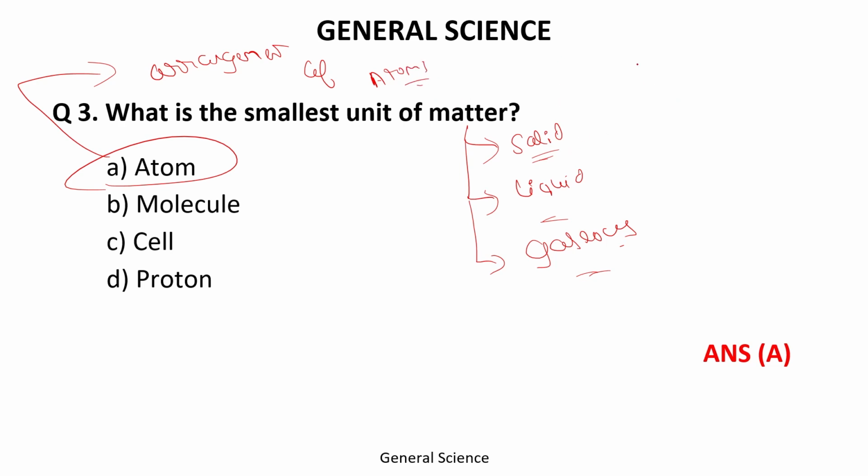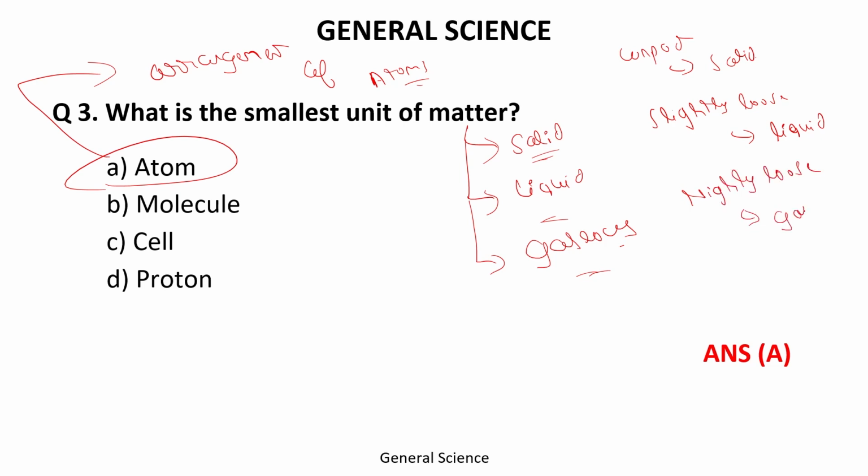If the arrangement of atoms is compact, it will be solid. If the arrangement is slightly loose, it will be liquid. If it is highly loose, then it will be gaseous. So the atom is the smallest unit of matter, which helps matter to be divided into solid, liquid or gaseous form depending upon the arrangement.